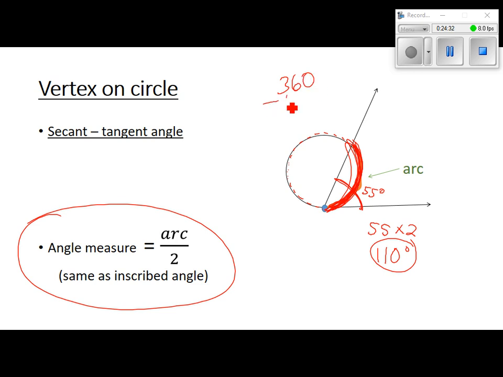We could just take that and subtract off those two, and this arc out here would be 250. We don't have to know that if all they're looking for is the other arc. But if the vertex is on the circle, the arc divided by 2 always equals the angle. Or, the other way, 2 times the angle has to equal the arc.